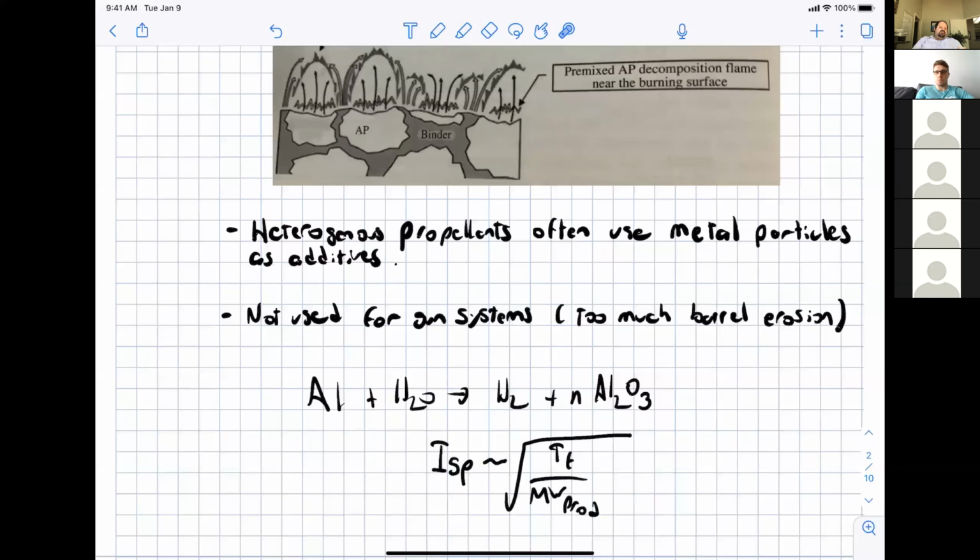It's possible that there are some frequencies where the burning propellant and the acoustics in your rocket system will couple, and you'll get into a resonant mode where the combustion chamber of your rocket will produce acoustic waves. Those acoustic waves will then modify the burning rate of the propellant and increase it, which will make a stronger acoustic wave.